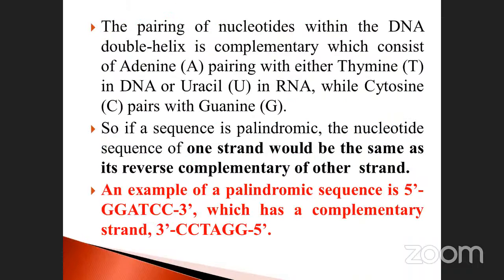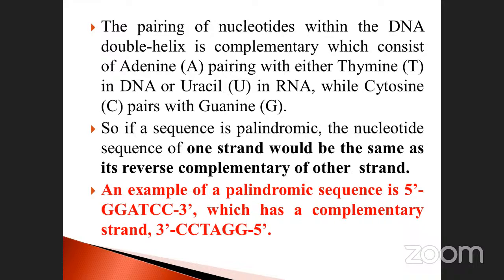See the pairing of nucleotides in the DNA double helix is complementary, which consists of adenine pairing with thymine in DNA, or uracil in RNA, while cytosine pairs with guanine, already you know. So if a sequence is palindromic, the nucleotide sequence of one strand would be the same as the reverse complement of the other strand. Dhanalakshmi already told you.